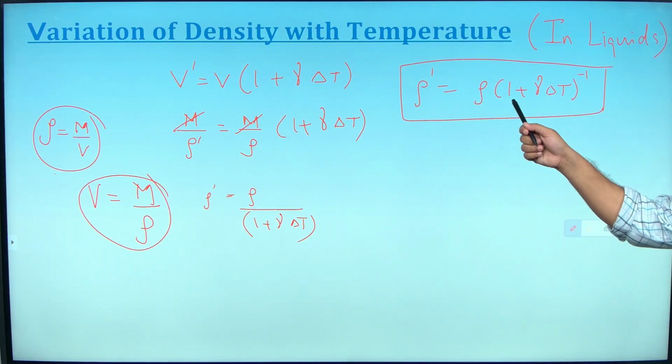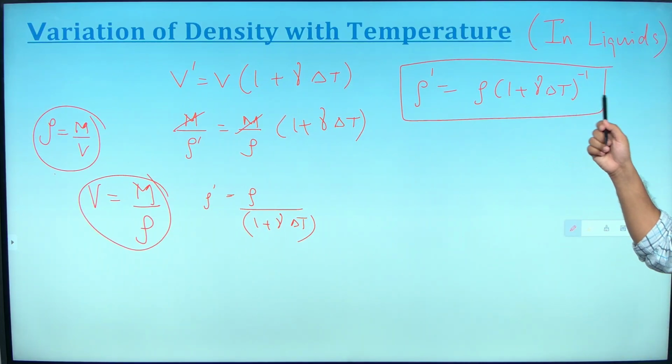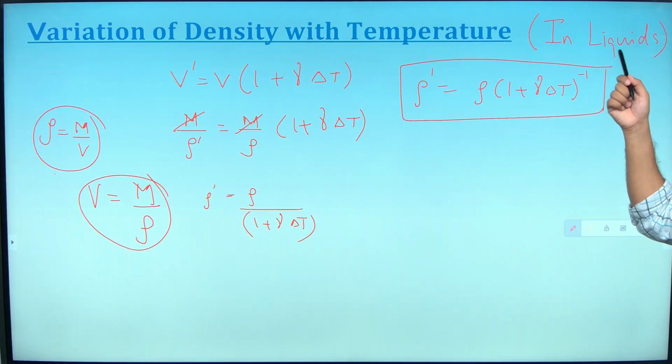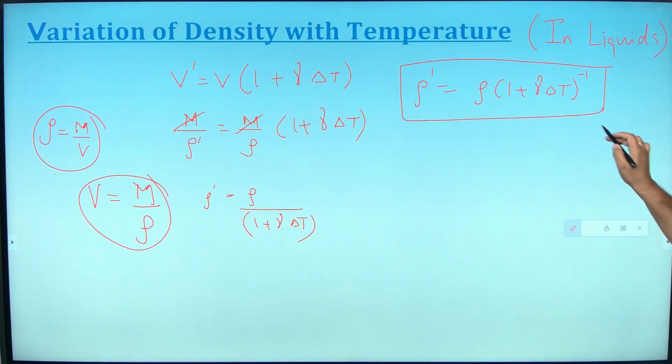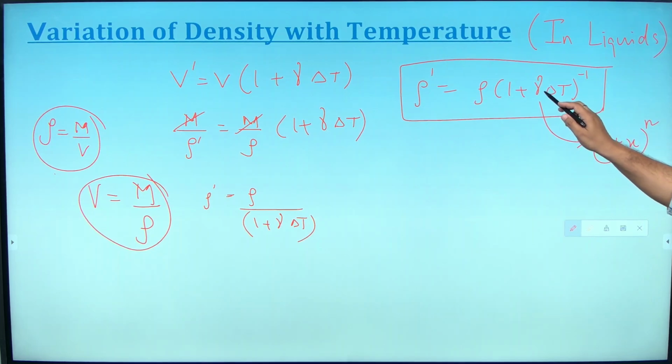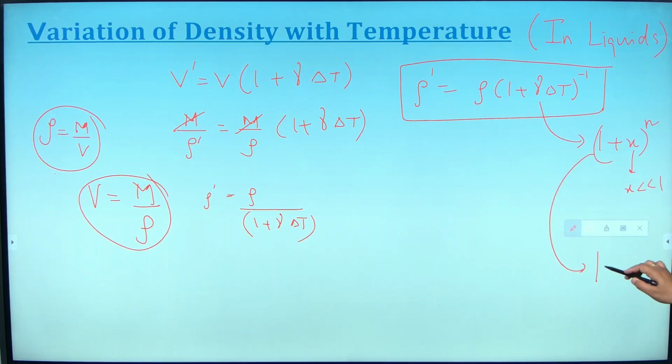Now, this became a binomial expression, (1 plus x) power n, where x is much smaller than 1, since gamma is a very small value. In that case, the expansion is 1 plus nx.